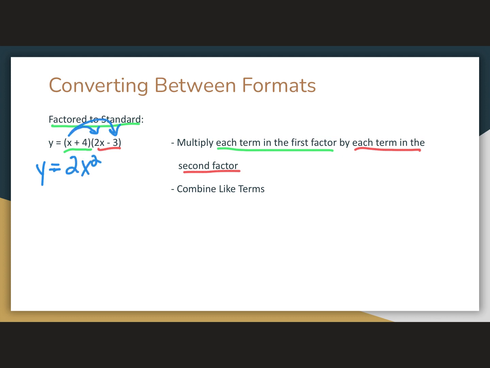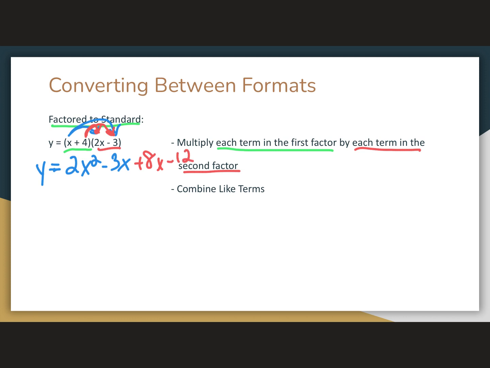X times negative 3 gives me minus 3x. 4 times 2x gives me plus 8x. And 4 times negative 3 gives me negative 12.